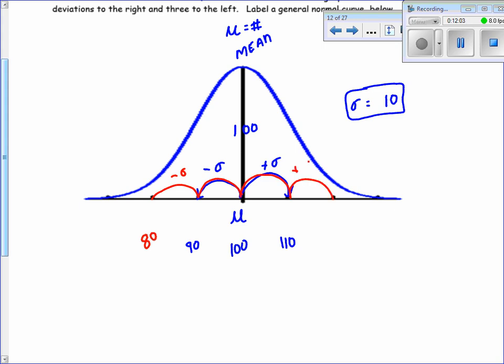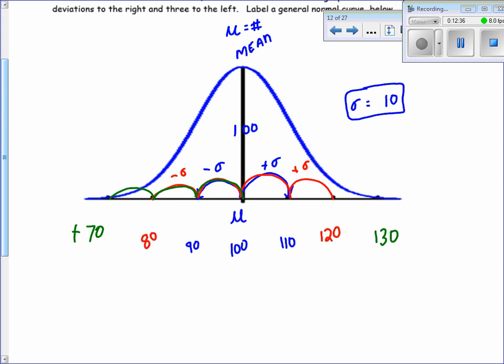So I'm adding 2 standard deviations, or adding 20 to 100. I have 120. So you can imagine the next step, moving 3 standard deviations. So I'll move 1, 2, 3. And here I have 70. And over here I have 130.